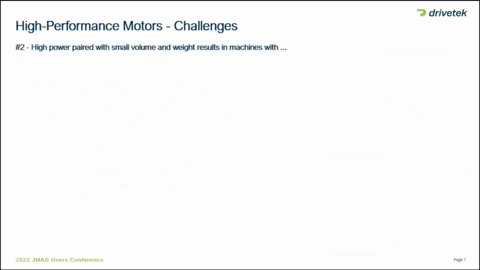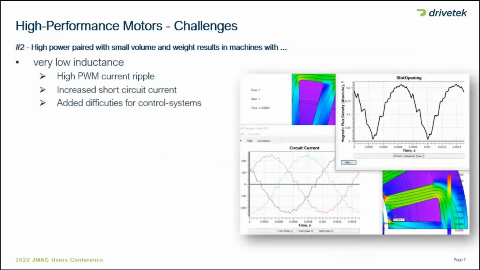So challenge number 2: high power paired with small volume and weight in machines usually results in very low inductance. And this has a multitude of effects. First of all, the PWM current ripple, which can be very excessive and produce increased losses, which is not good.